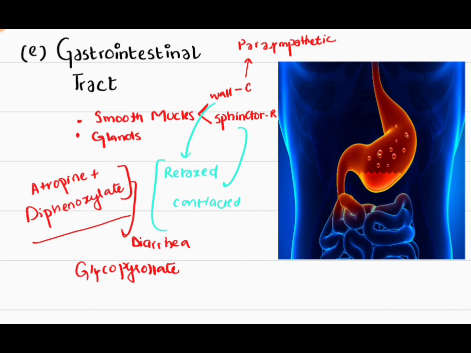So they are now the anti-muscarinic drugs. They are not very common and are very rarely used for peptic ulcer disease. However, they can provide some relief in the treatment of traveler's diarrhea and other self-limiting situations of increased motility. So only this combination is available in the market for the treatment of diarrhea.